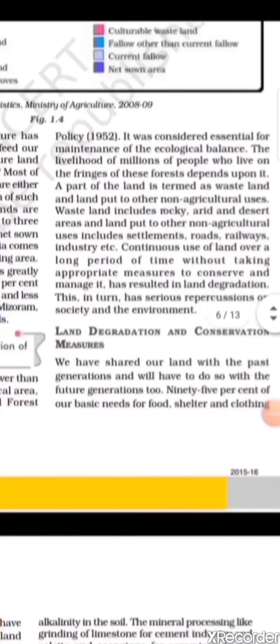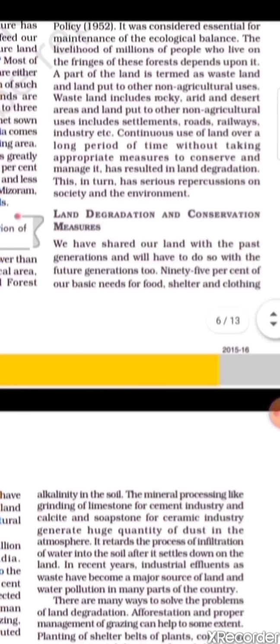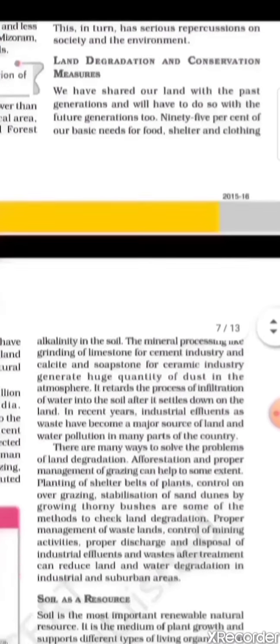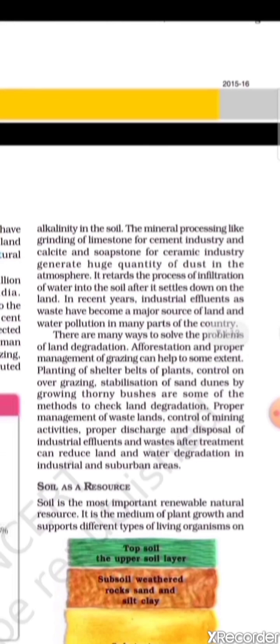Then we learned about the degradation and conservation of land. Degradation means that when there is a decrease in the quality of land by human and natural activity, the land is degraded. There are many causes responsible for the degradation of land.